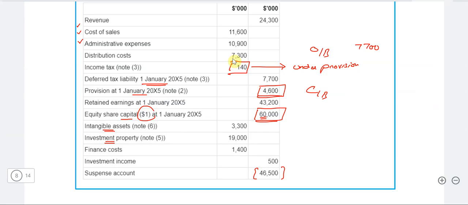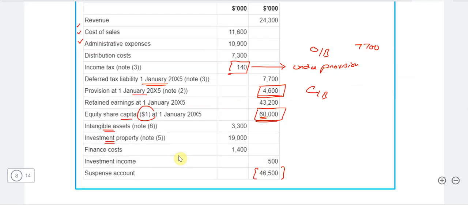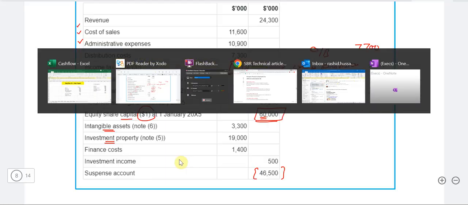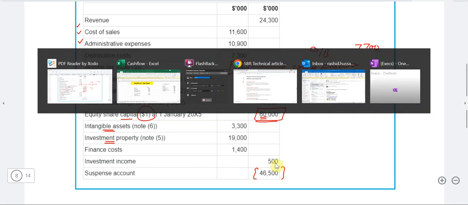So finance cost, see in the trial balance how much it is. It's 1400. So minus 1400. Then we have the investment income over here. Investment income should be added. As per trial balance, it is 500.